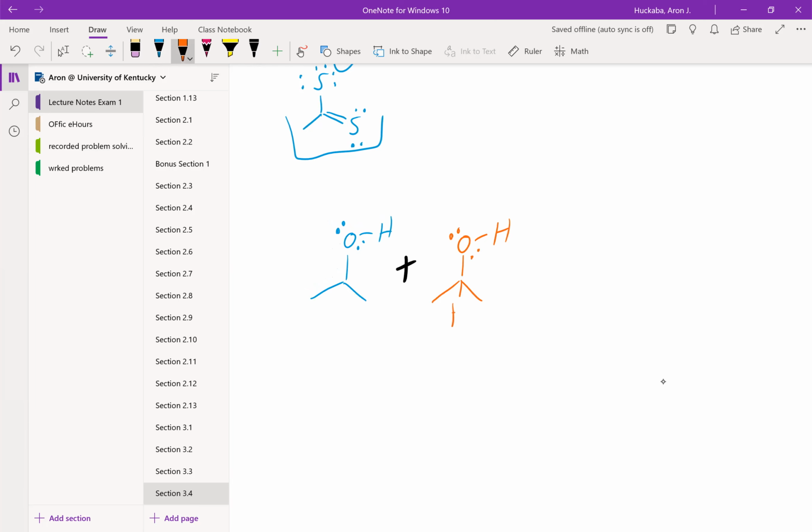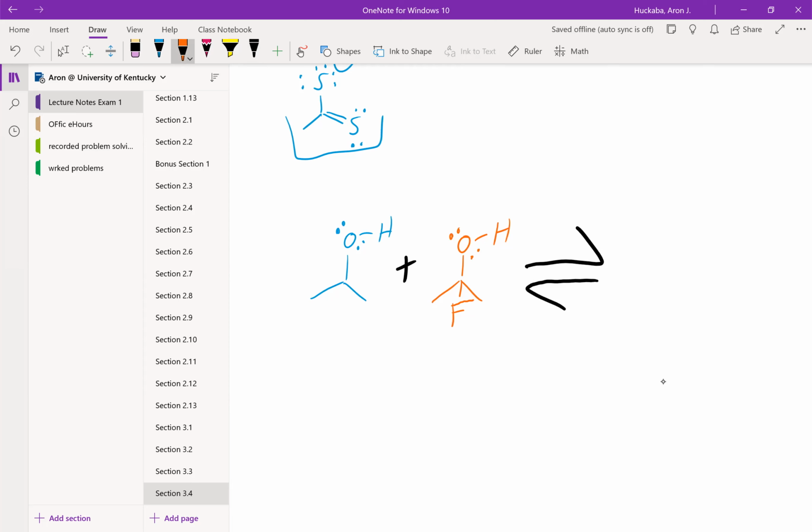Draw that a little bigger. There we are. All right, so when we react these 2 molecules together, what will be the acid and what will be the base? I want to make sure I can actually see this. I think this F might be a little difficult to tell. There we go. So hopefully you can see now that is a fluorine.